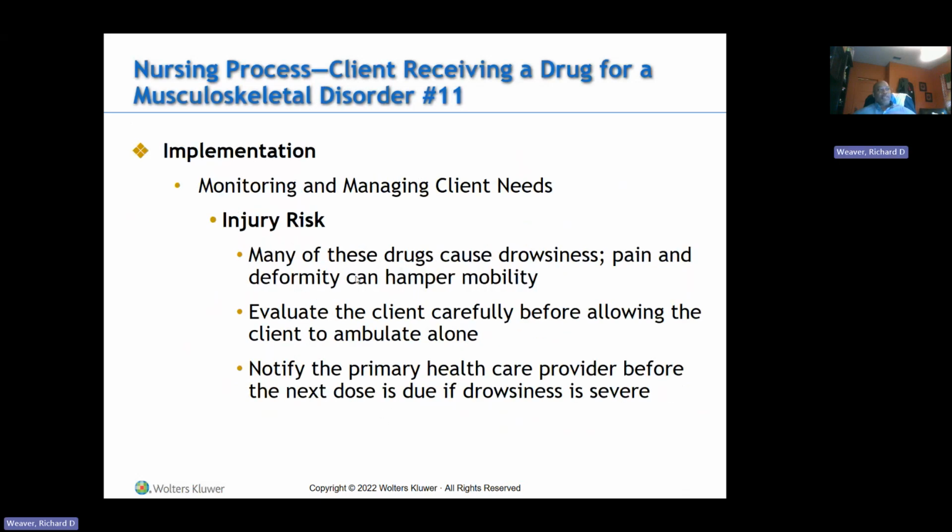Risk for injuries. Many of these drugs cause drowsiness, pain, and deformity, and pain and deformity can hamper mobility. So these patients should be cautioned about these drugs and what they can lead to. Evaluate the clients carefully before allowing them to ambulate. All right, and notify the primary care doctor before the next dose, especially if drowsiness is severe, because this can add to the severity even more, to the point where the patient might not be safe.